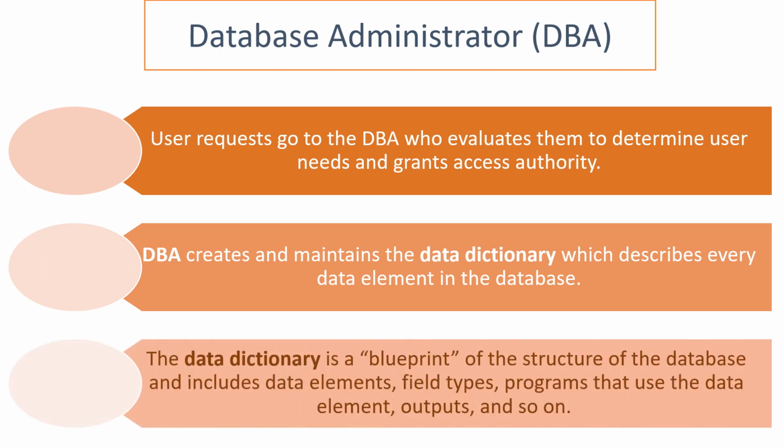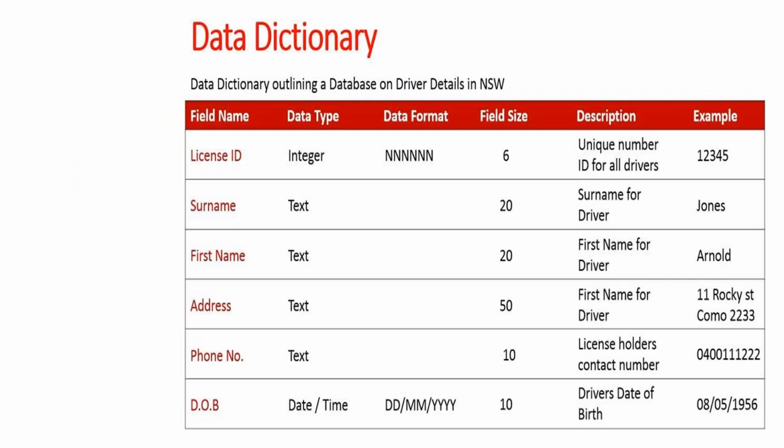The data dictionary is the blueprint of the structure of the database and includes data elements, file types, programs that use the data elements, the outputs, and so on. We will discuss the data dictionary in a short while. So this is an example of a data dictionary.